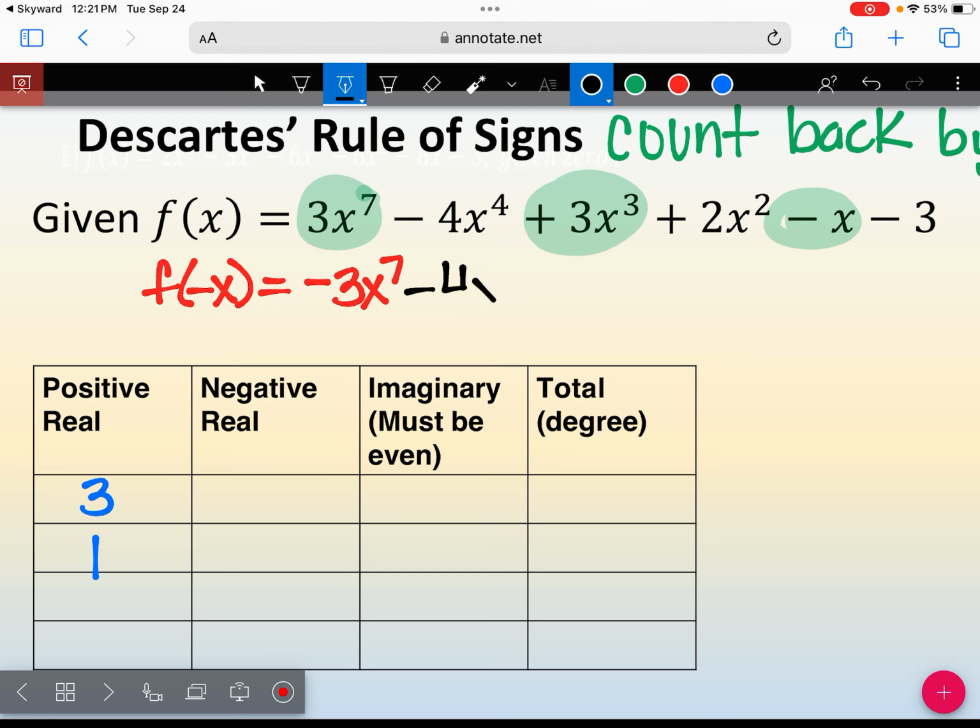And then the even stays the same. Then the -3x cubed. The positive 2x squared stays the same. Then a positive x and a -3. Go ahead and count your sign changes now.